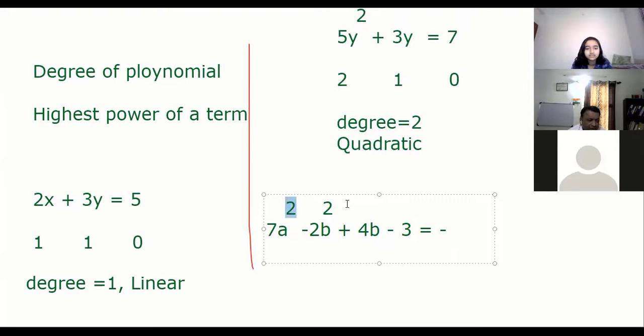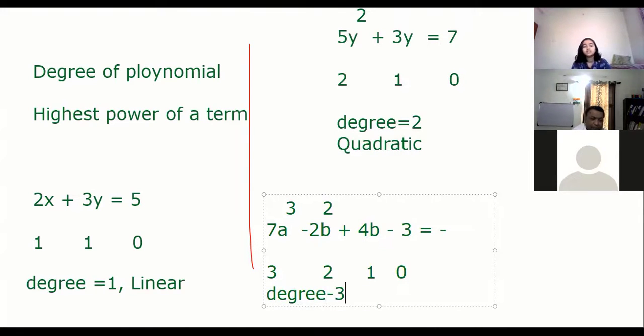So the power of the first term is 3. Power of the second term? Power of the third term? 1. Power of the constant? 0. So what is the highest power? 3. So the degree is 3. When the degree is 3, we call it a cubic polynomial.